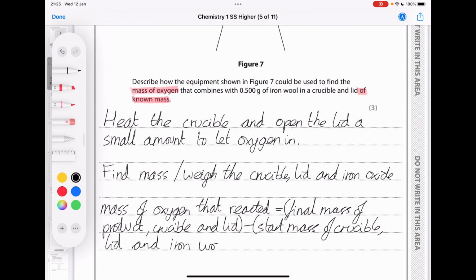Because the difference in what you started with and what you ended with is the mass of oxygen that reacted with the iron wool.